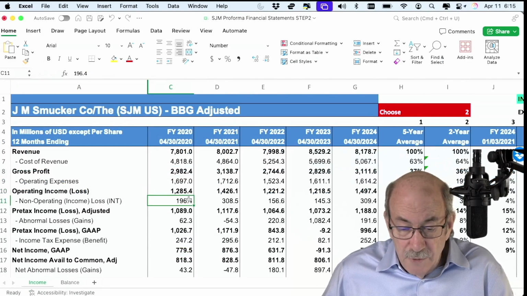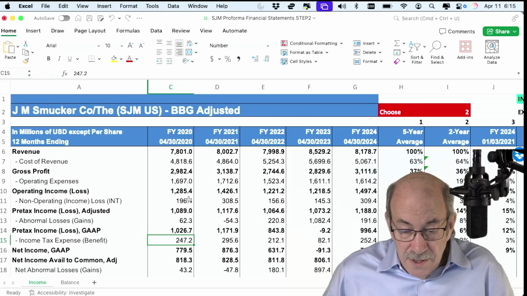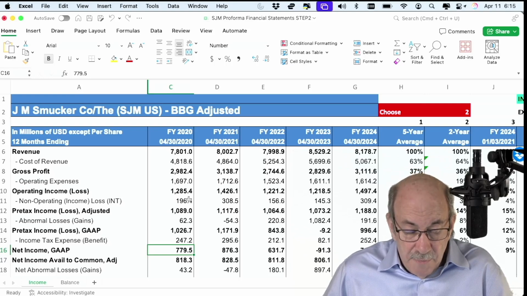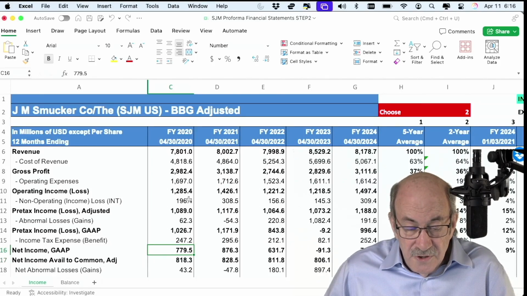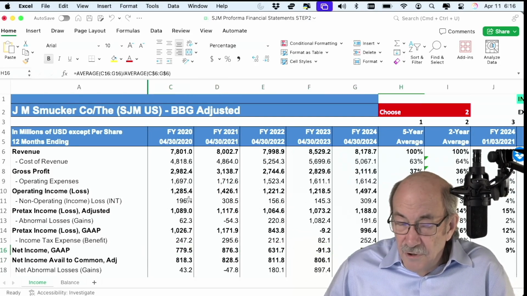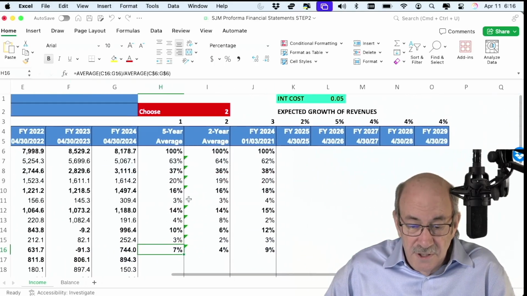Then we go down to non-operating income, and then we've got pre-tax income adjusted, abnormal losses or gains, pre-tax income GAAP, and then income tax expense, and then finally we come down to net income GAAP, and then net income available to common adjusted. So I'm going to go with this net income GAAP as my measure of net income.